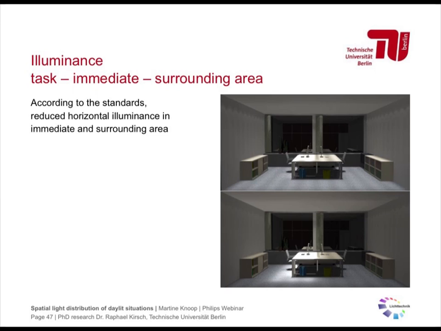So he kept the wall luminance the same, just reduced the horizontal illuminance, and found out that reducing the surrounding illuminance to approximately 100 lux only marginally affects the visual lightness, and it does not even affect the visual attractiveness.